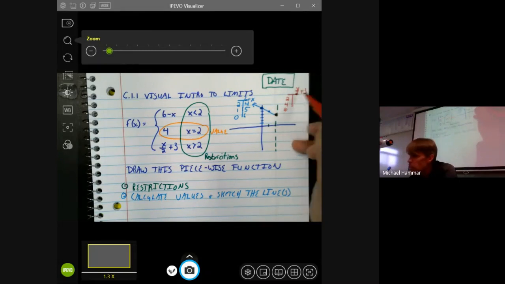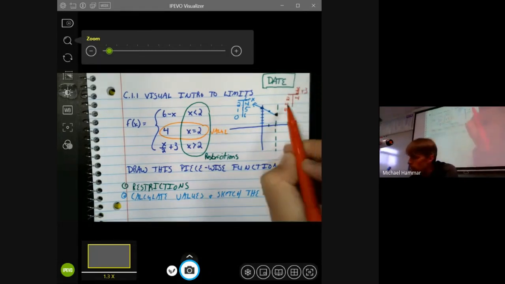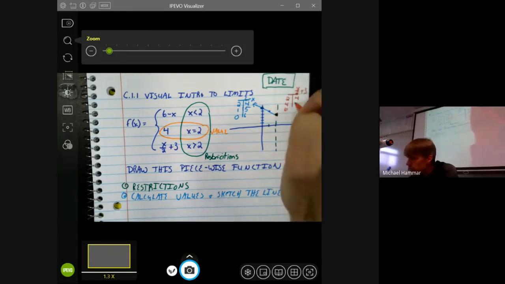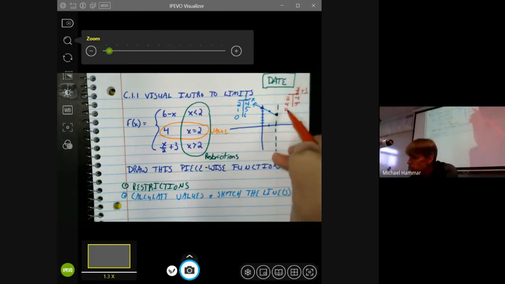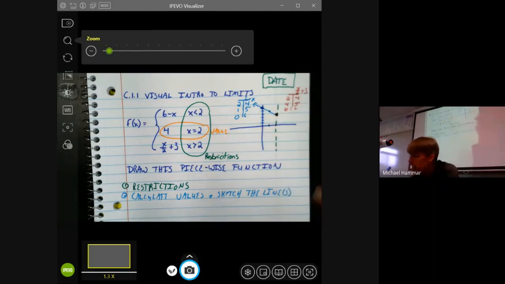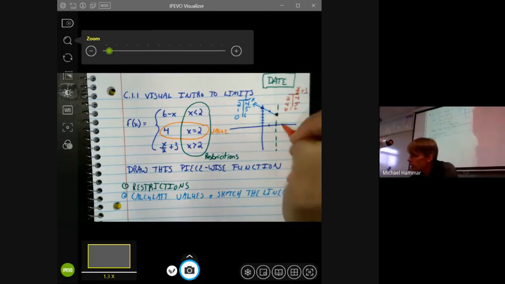So 2 divided by 2 is 1, plus 3 is 4, okay? 4 divided by 2 is 2, plus 3 is 5. And 6 divided by 2 is 3, plus 3 is 6. Okay, so I have to go, here's 2, 3, 4.